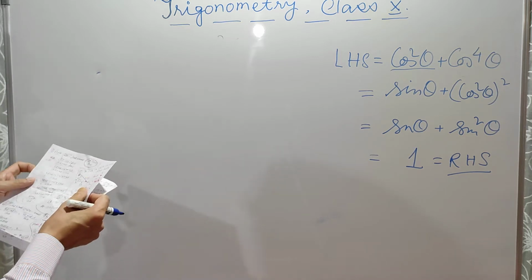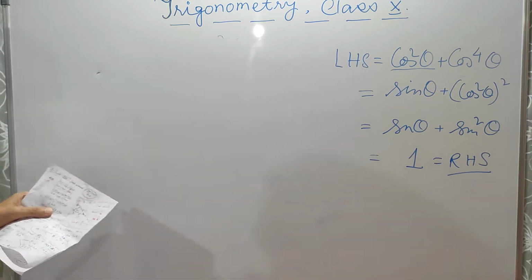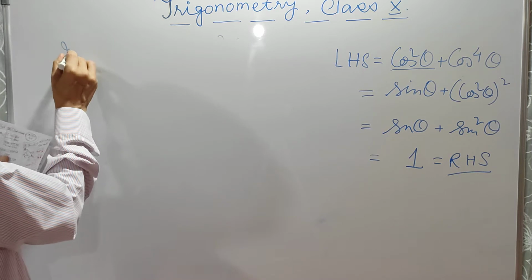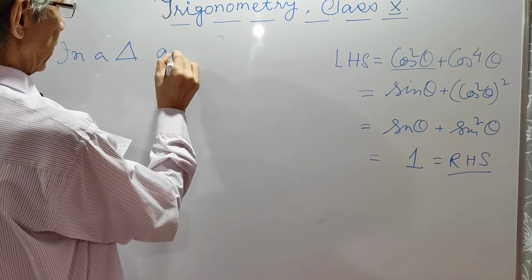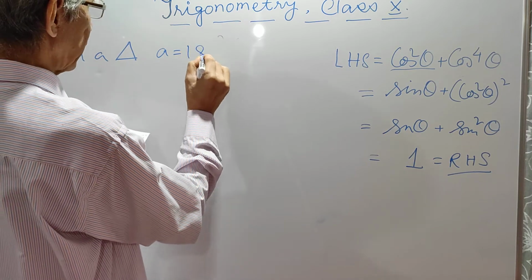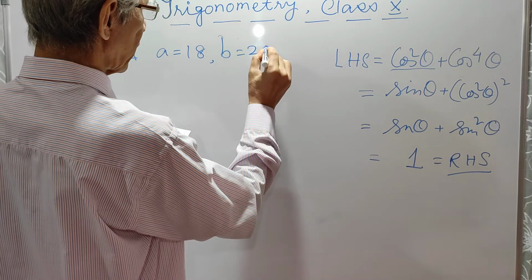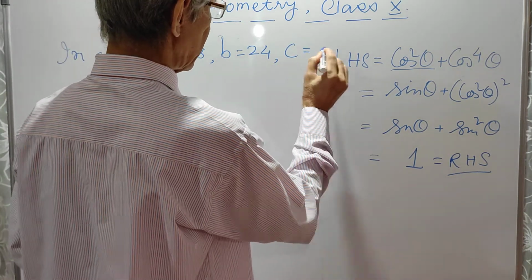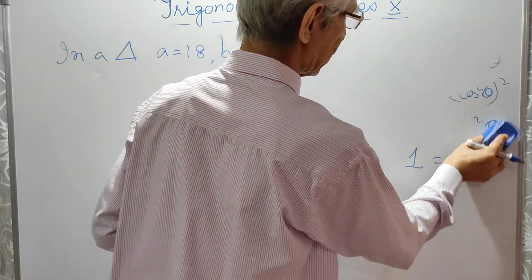Okay. Next one is this one. In a triangle, this is a question. A equal to 18 centimeter, B equal to 24 centimeter, and C equal to 30 centimeter.